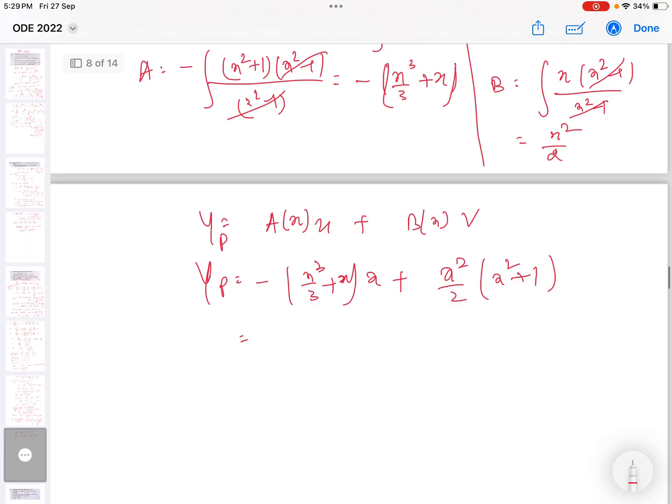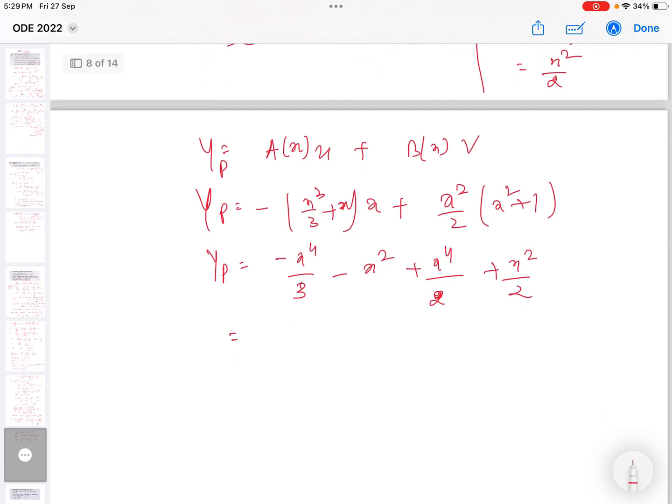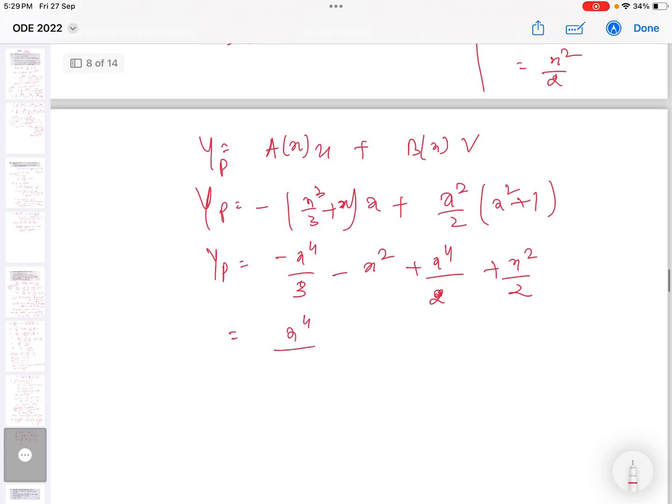So y particular is nothing but minus x to the power 4 by 3 minus x squared plus x to the power 4 by 2 plus x squared by 2. So if we simplify, it becomes x power 4 by 6 minus x squared by 2. Yeah, I think we are correct.